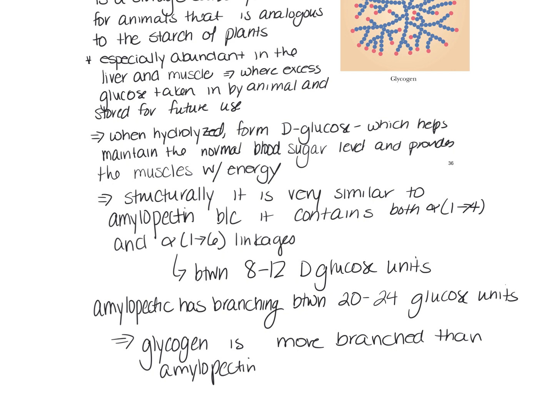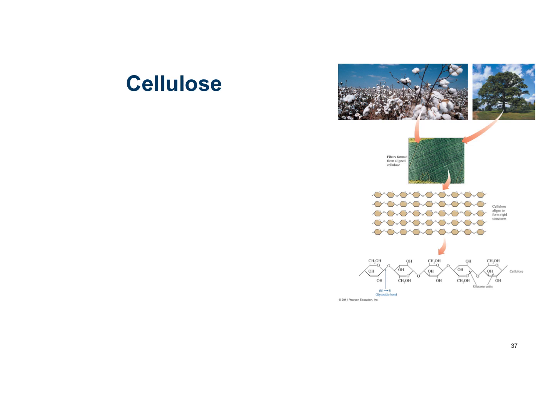Now, another important polysaccharide is cellulose. Cellulose is the most important structural polysaccharide and is the most abundant organic compound on Earth. So, it is a polymer of D-glucose.